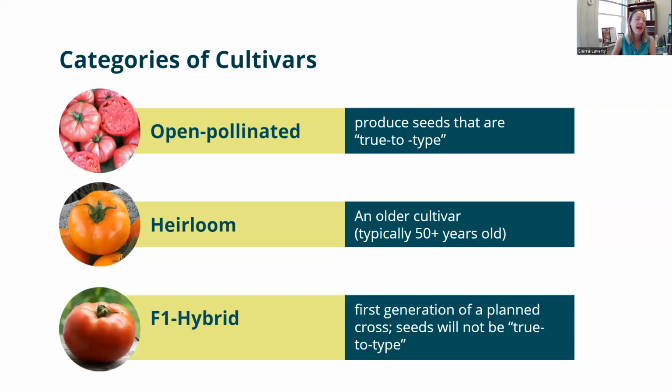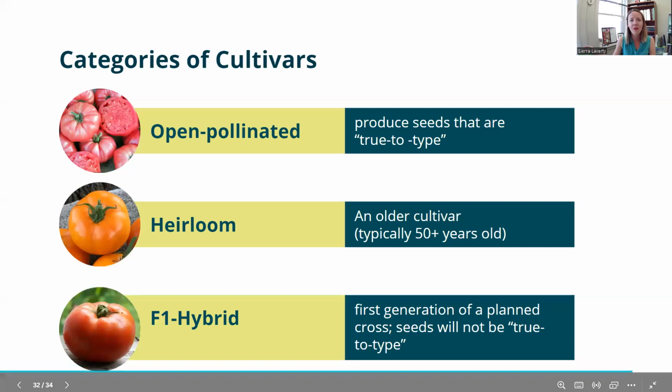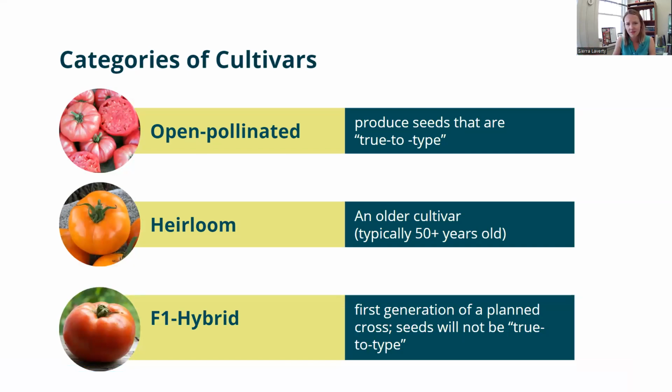Then we have this term F1 hybrid. There's a lot of specifics to this. We're just going to talk about it in terms of what's true to type and what's not true to type. F1 hybrids will not be true to type if you save those seeds. So if I save seeds off of this example here, which is celebrity, and I grow them out, they're going to look all sorts of different ways.